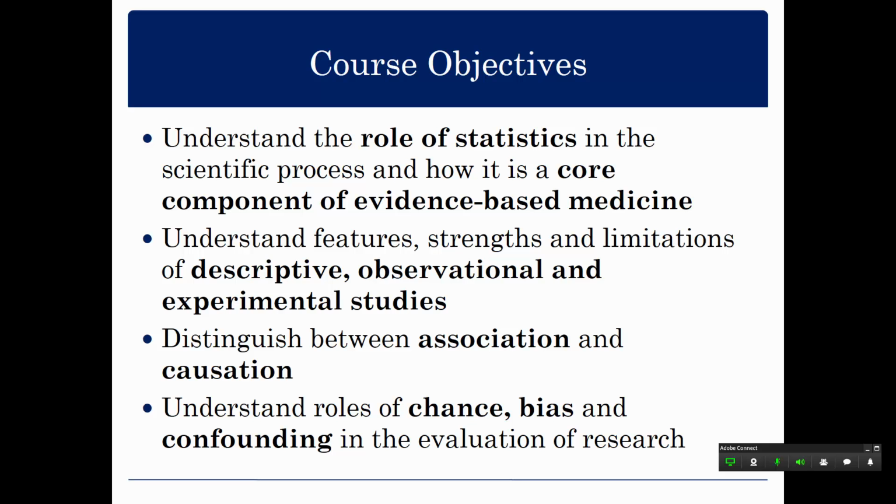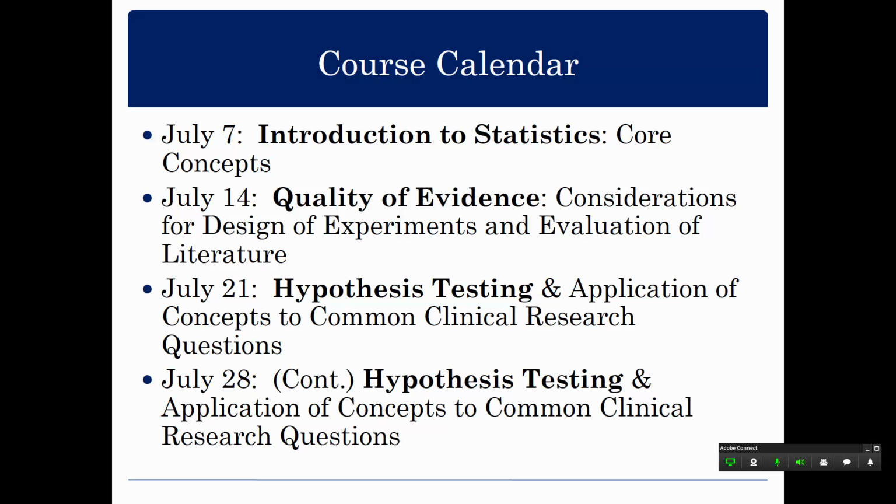So again, a high-level overview of statistics will start today because we'll be talking about design of experiments, which is one part of the process, and then next week and the 28th of July we'll get focused on the actual analytic methods. So how do we do hypothesis testing? What is it, first of all? And then how do we implement that kind of method to tackle some common research questions in the context of different study designs?